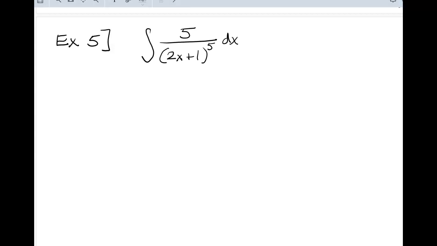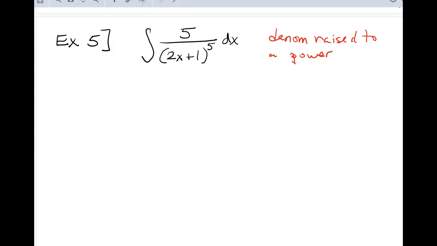Now, in this case, we have a denominator that's raised to a power. This generally indicates that we're not going to have a result that's going to give us a natural log.